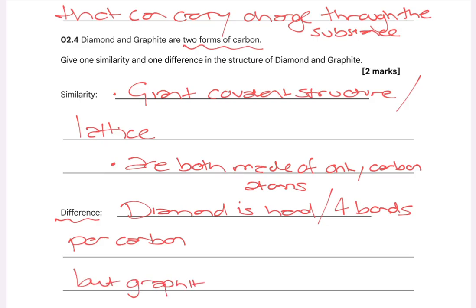So we would give both to illustrate the difference. To allow us to link the other point, in diamond we have 4 bonds per carbon, in graphite we have 3 bonds per carbon. And so we've got 2 possible differences there, both of them showing that the different properties are linked to structural differences between diamond and graphite.